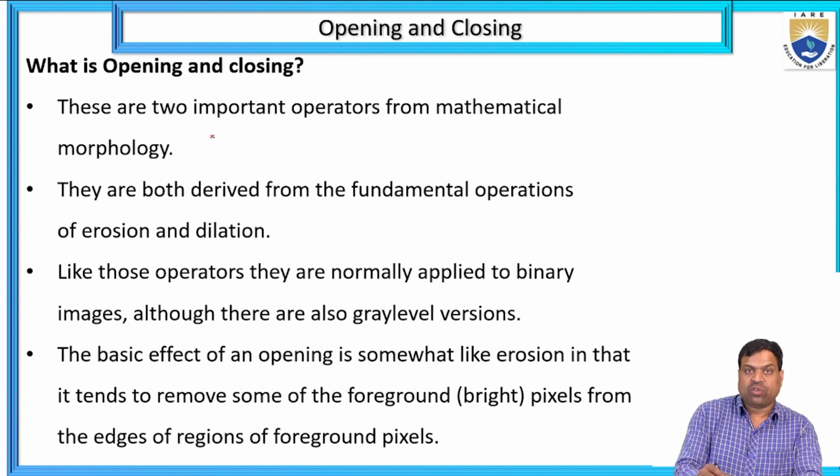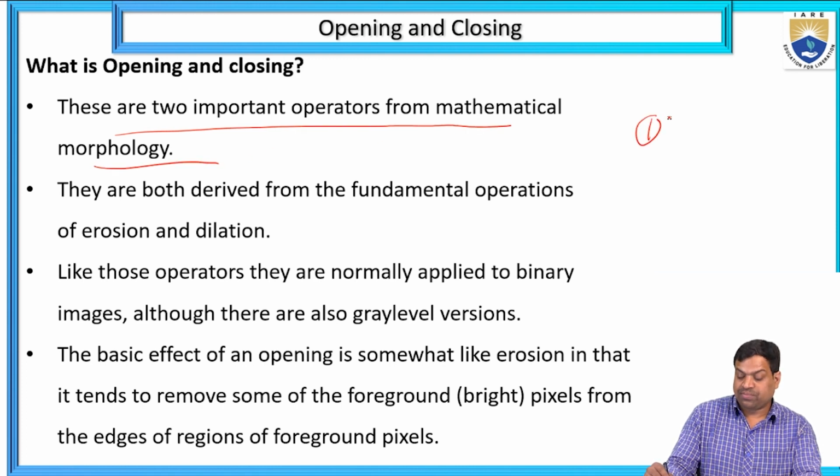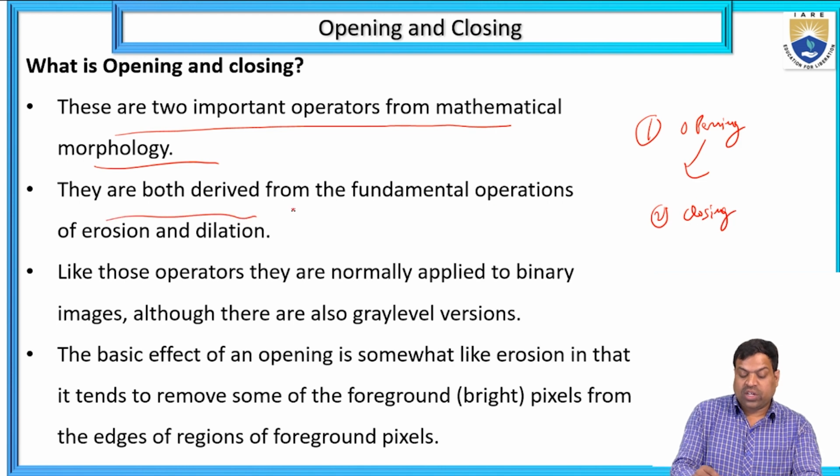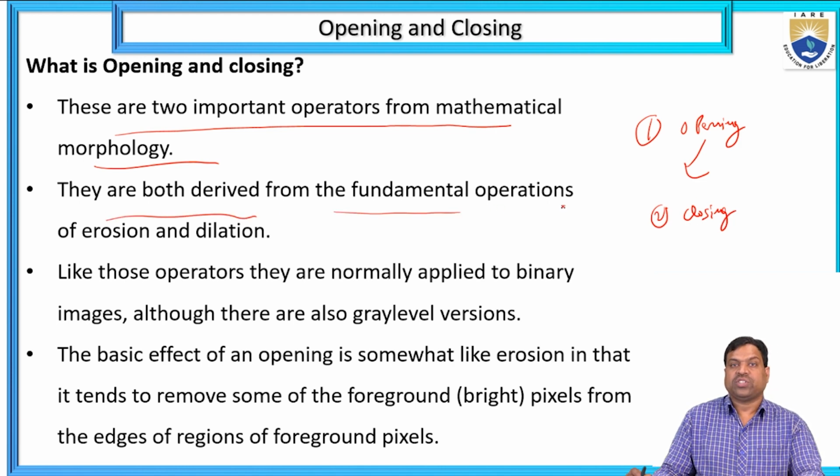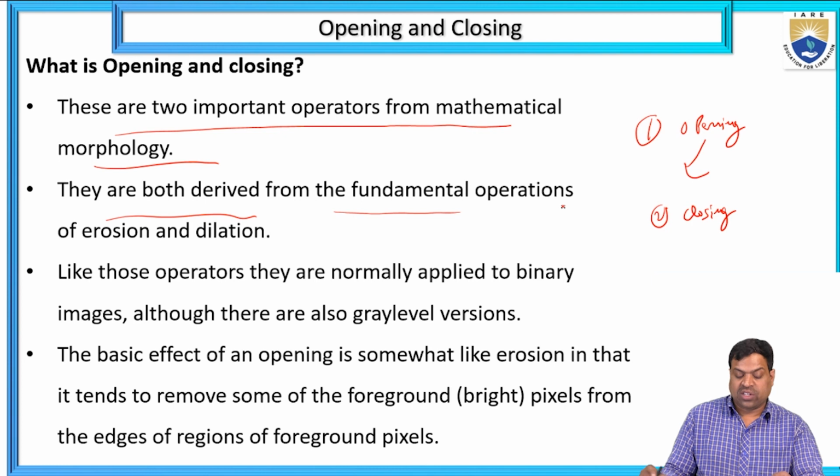So what is opening and closing? There are two important operations from mathematical morphology. They are both derived from the fundamental operations of erosion and dilation. These operators are normally applied to binary images, although there are also gray level versions.